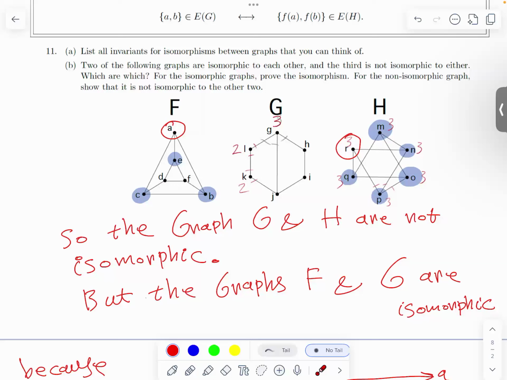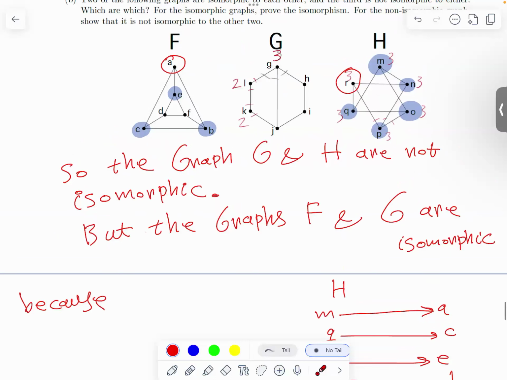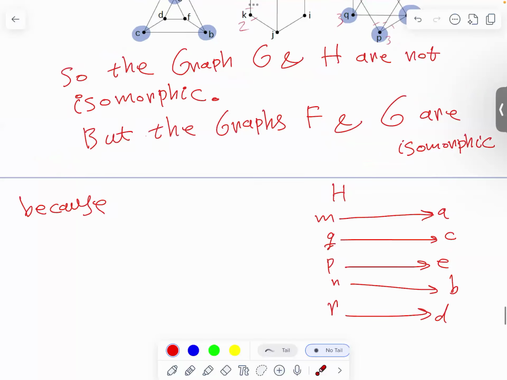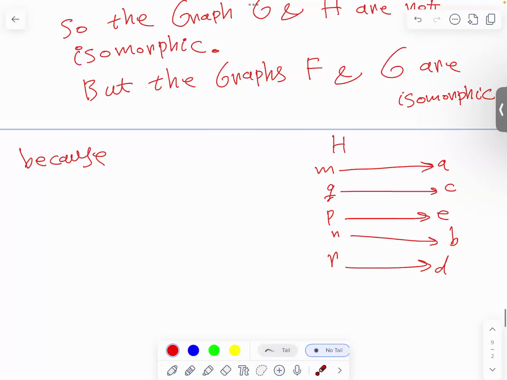I repeat again, I chose R. R is connected to N and Q, and so I choose D. Okay, so from Q to C, Q is related to this guy C. Q goes to R. C also goes to D. D goes to E, then E has to be N. Okay, I will write B here, E here.